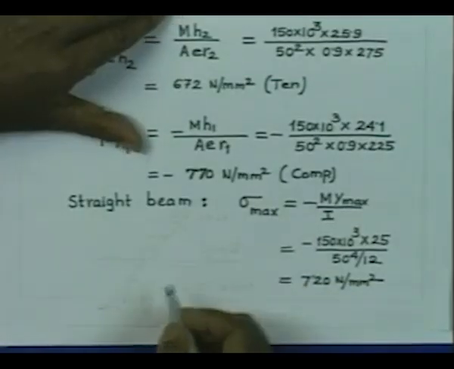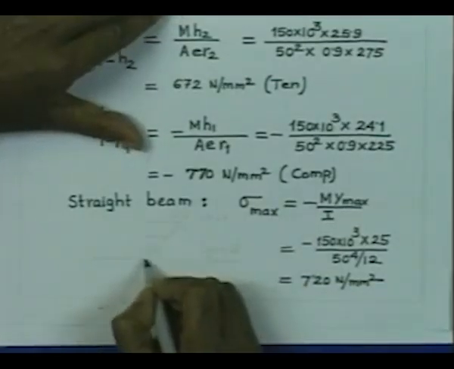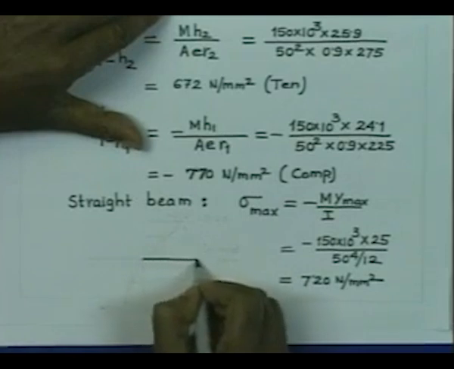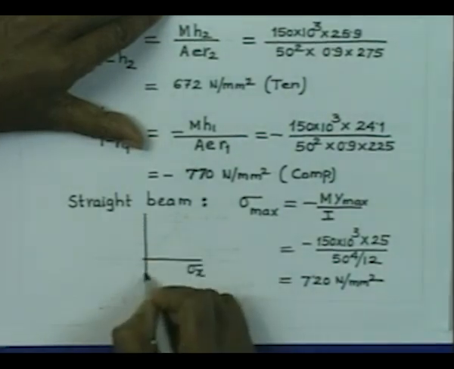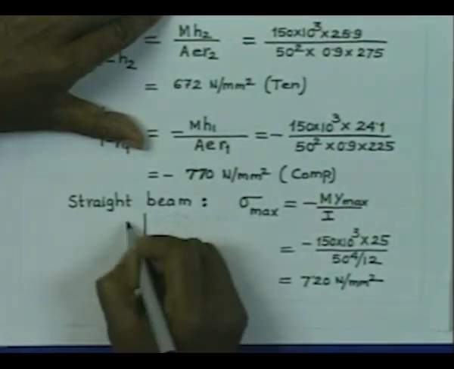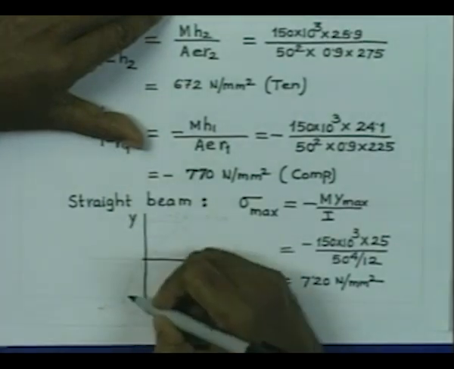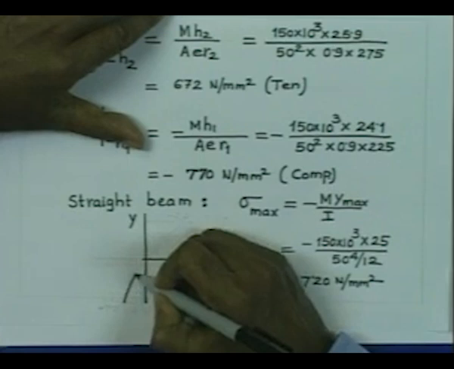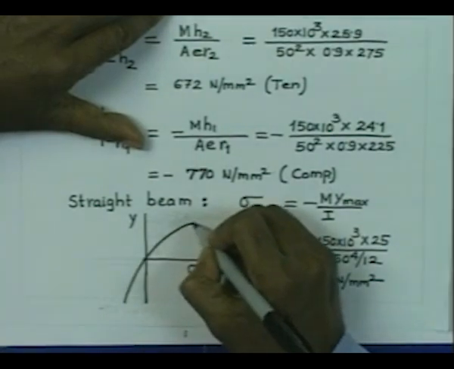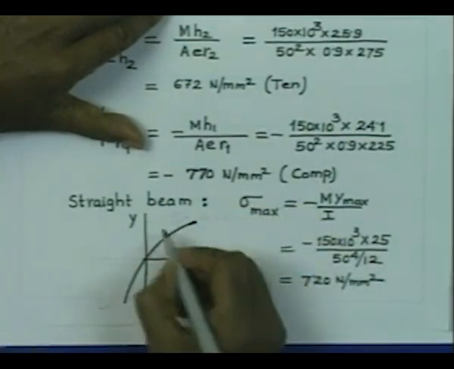Just to compare the two variations, we can plot it. Let us say that this is the direction. We will plot the sigma x stress, and let us have our depth plotted in this direction. Then the curved beam formula will give a variation of this type.